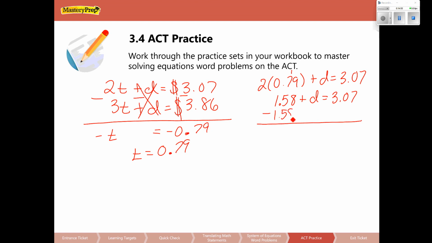At this point here, we can subtract it from both sides. These will cancel, telling us that the cost of the drink, 2, 9, 17 is going to be 9, 4. So the drink is going to be $1.49. Any questions on this here?